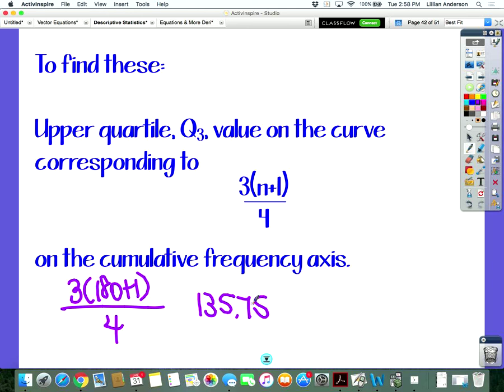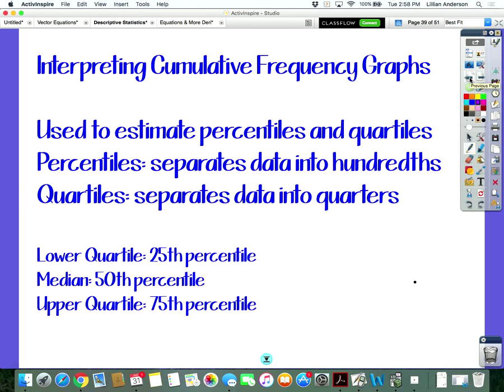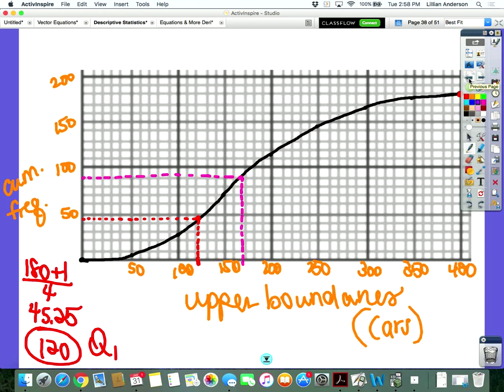Is this Q3? No. It tells us where to look. So I'm looking at 135. So I got 100, 110, 120, 130. So 135 is halfway through.